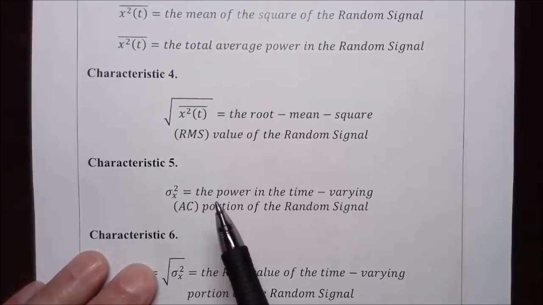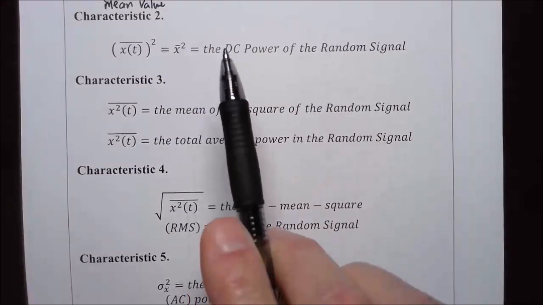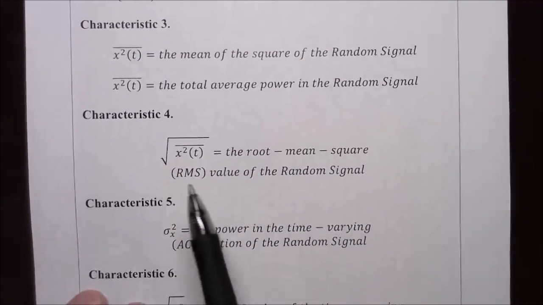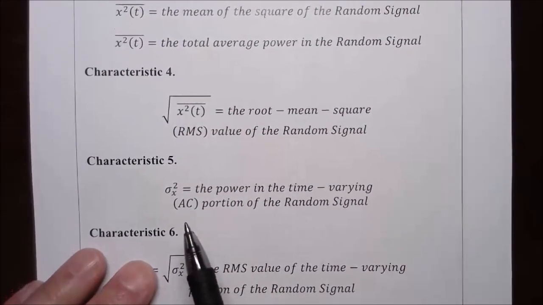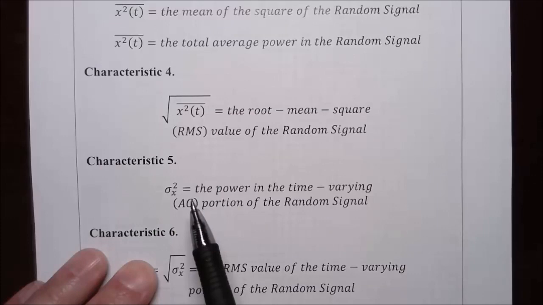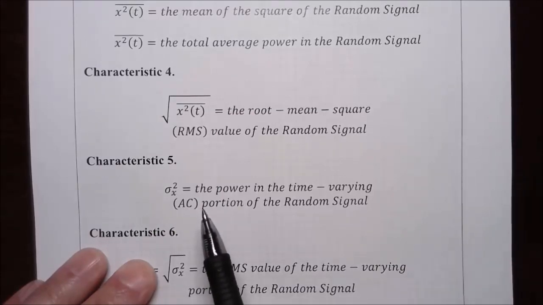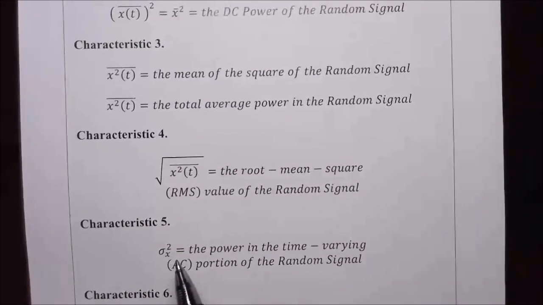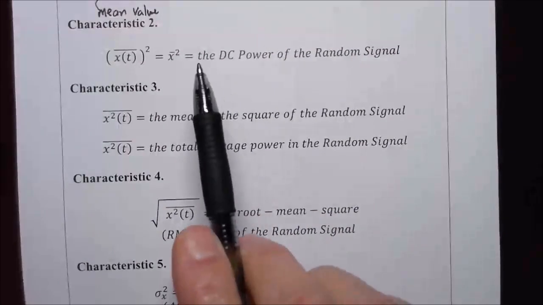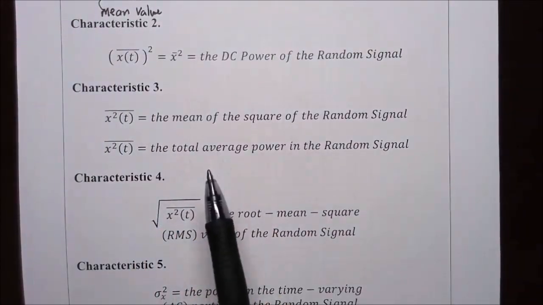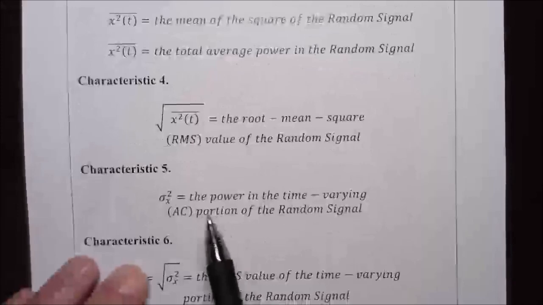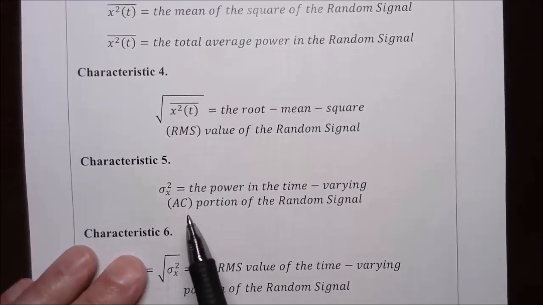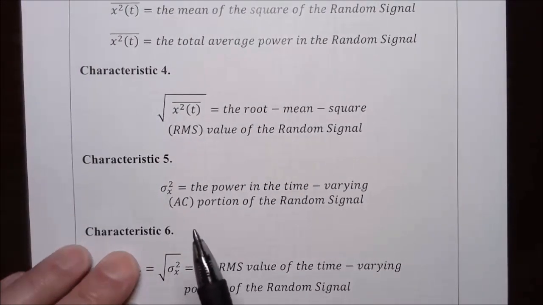So a random signal has potentially a DC power and also an AC power. It's not sinusoidal, it's simply time varying, but for convenience sake, since we've called the mean value the DC portion of the signal, the time varying portion we will call the AC portion.